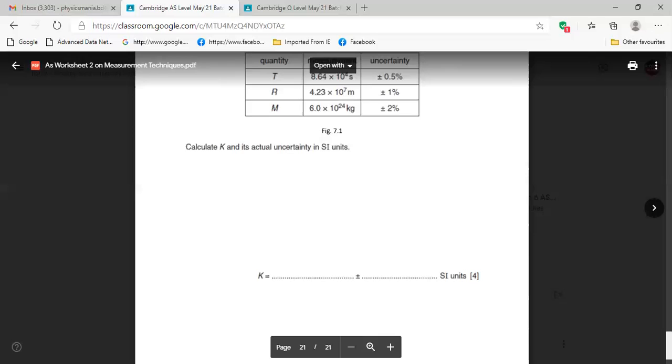For r cube also you give a bracket: 4.3 into 10 to the power 7, close the bracket, then cube. Then check what your answer comes to.